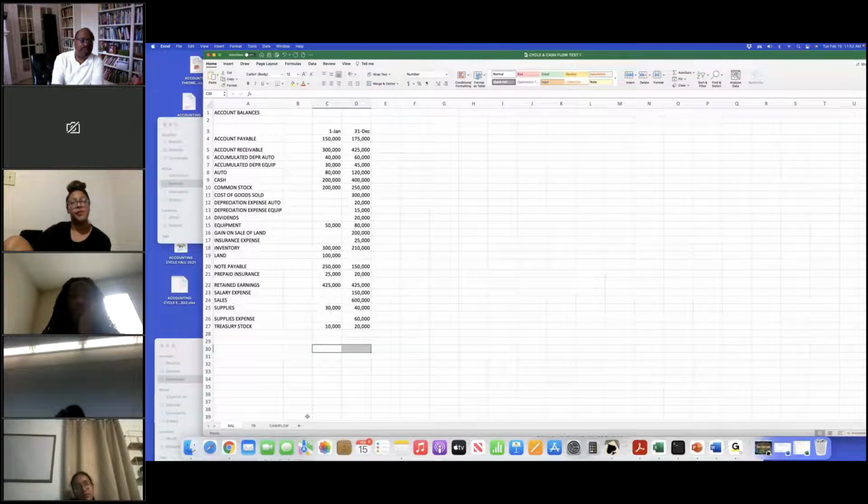For this first column, these are your permanent accounts at the beginning of the year. They're going to be on the balance sheet. For the second column, you've got permanent and temporary accounts. So you're not making a journal entry. I just have them in alphabetical order.